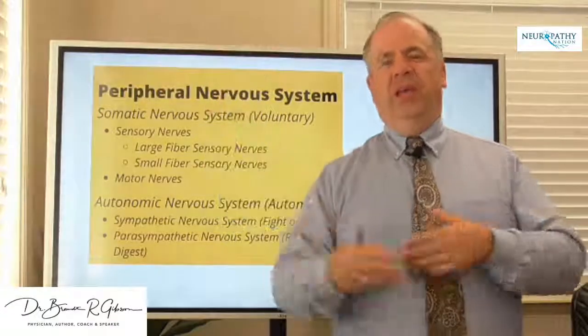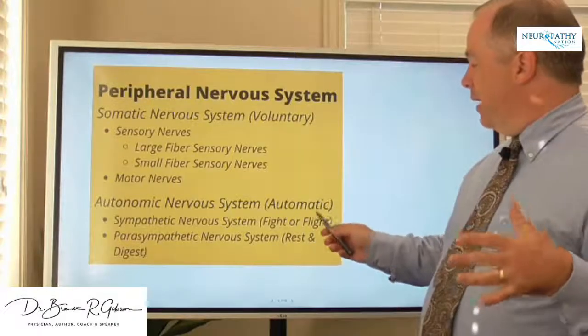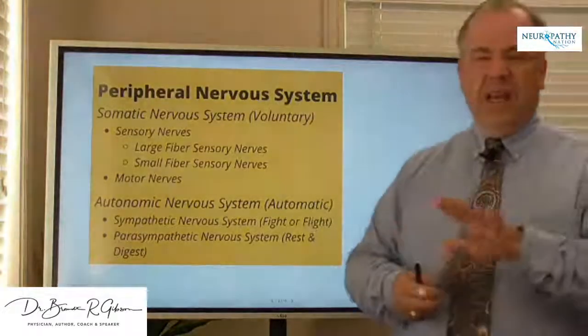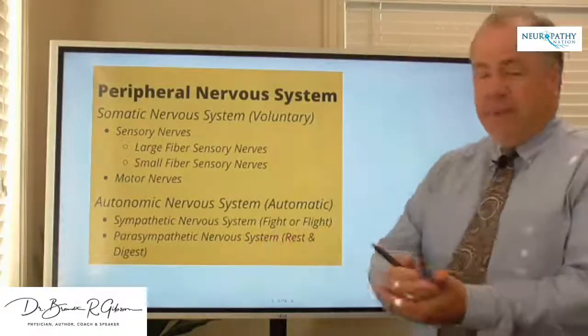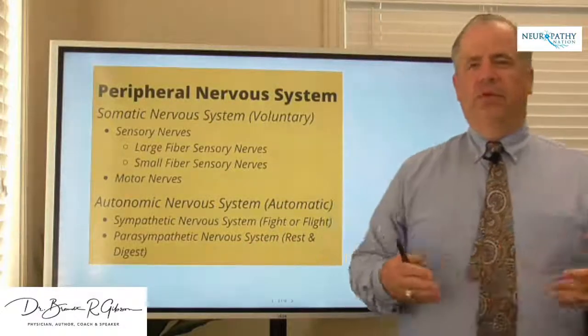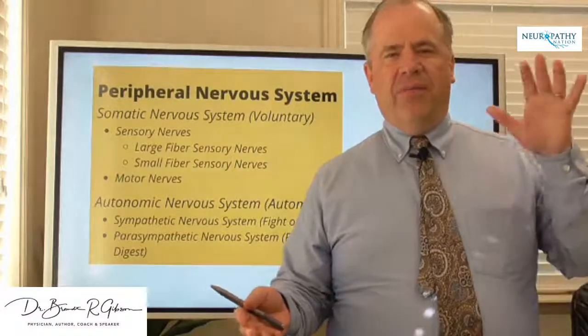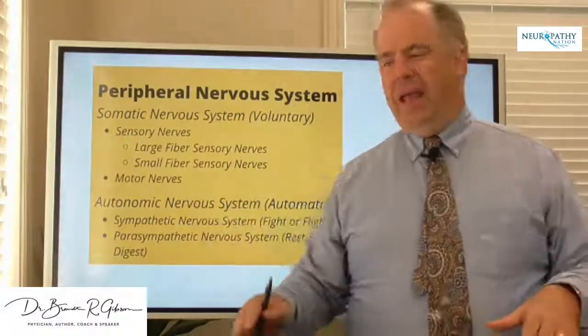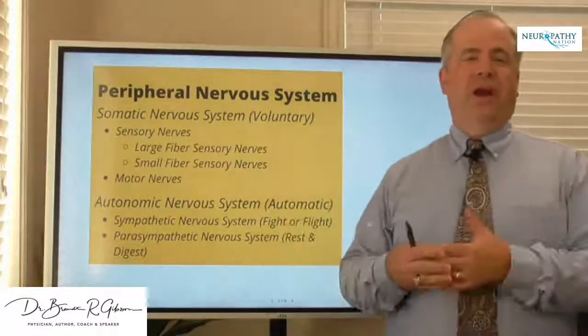Let's start over here in the involuntary. The autonomic nervous system is any of the automatic or involuntary nerves. It includes the sympathetic and parasympathetic sections of the body. If you remember your high school biology class, they talked about fight or flight and rest and digest. Those are the two different parts of the autonomic nervous system.